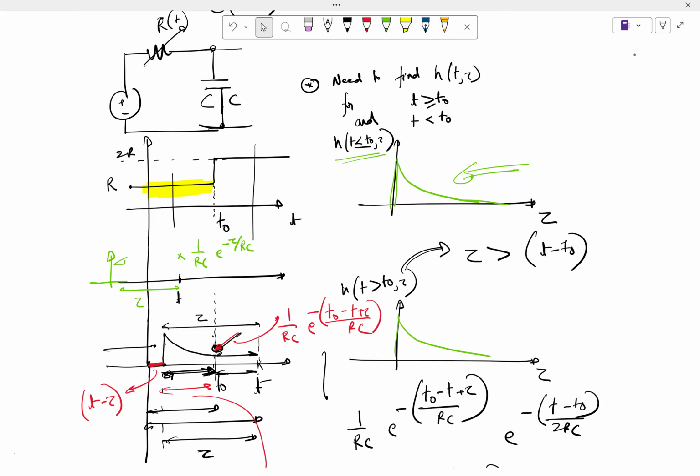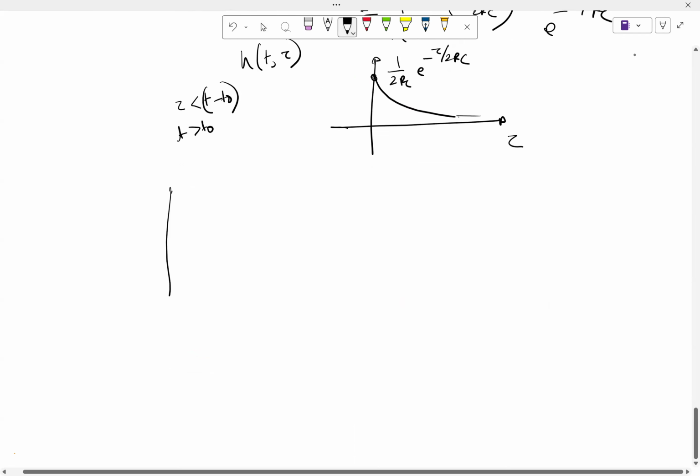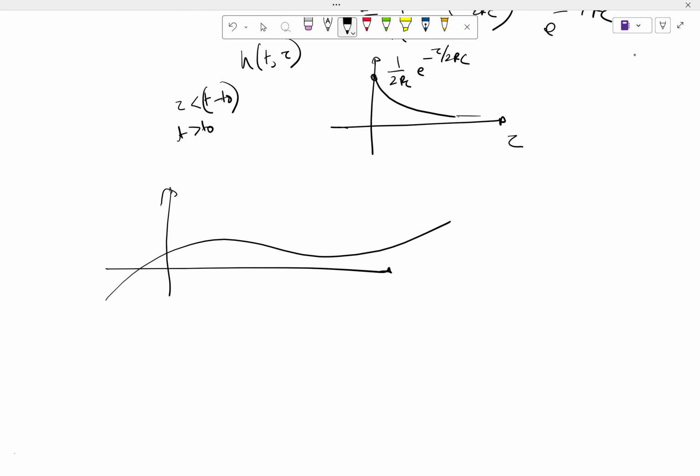Given that your input is continuous for all time, say this is v of t, and this is my observation time t, and let's say your system has changed here. You have to be bothered about how I am breaking this waveform into a train of impulses.